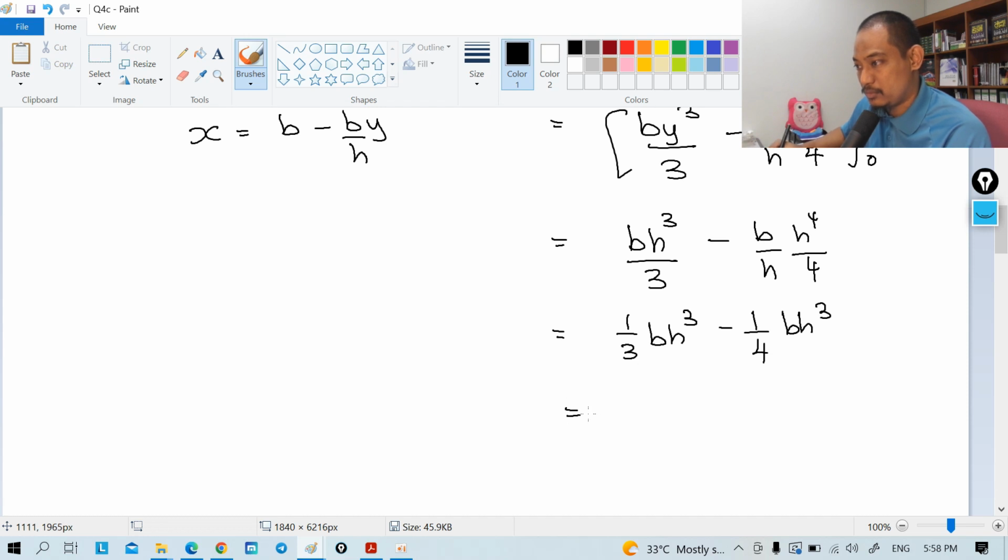So 1 over 3 minus 1 over 4 is 1 over 12. 1 over 12 b h cubed.